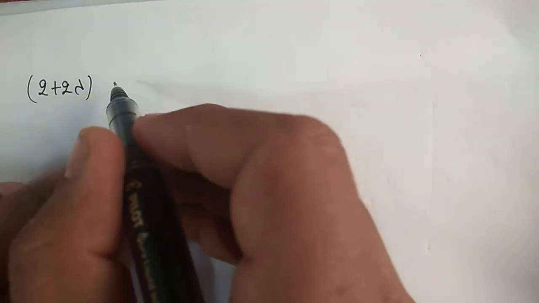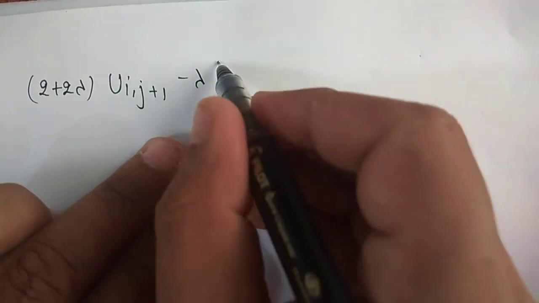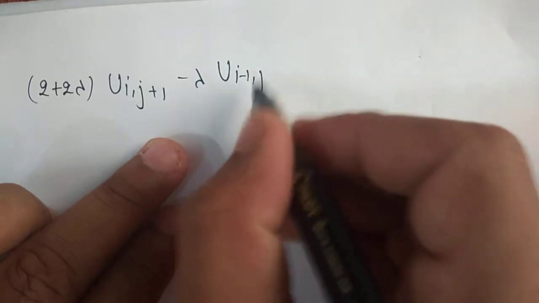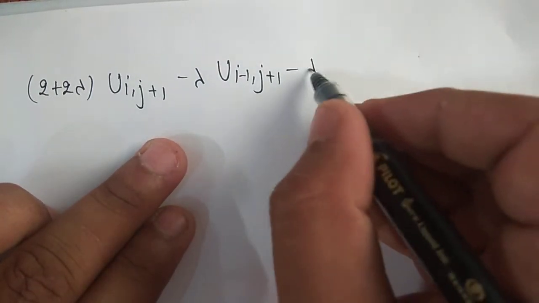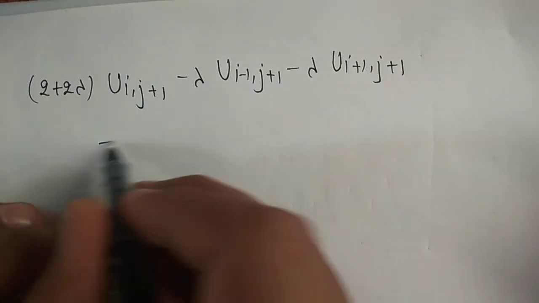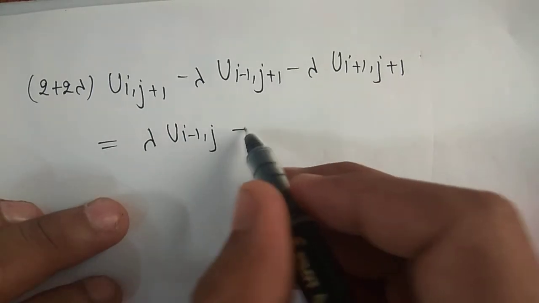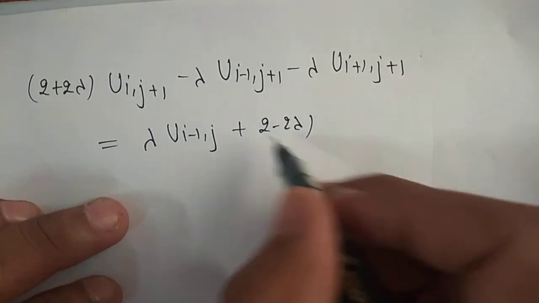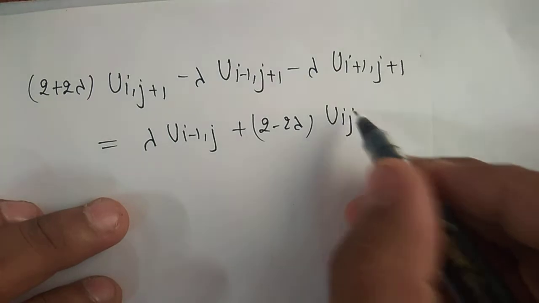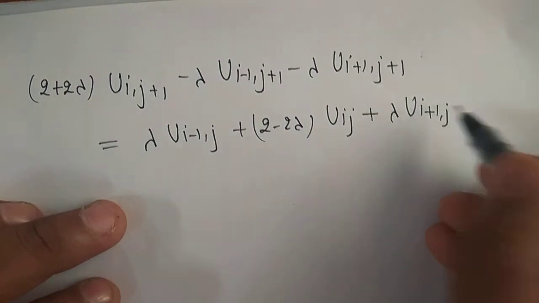So we have 2 plus 2 lambda u i j plus 1 minus lambda u i minus 1 j plus 1 minus lambda u i plus 1 j plus 1 equal to lambda u i minus 1 j plus 2 minus 2 lambda u ij plus lambda u i plus 1 j.